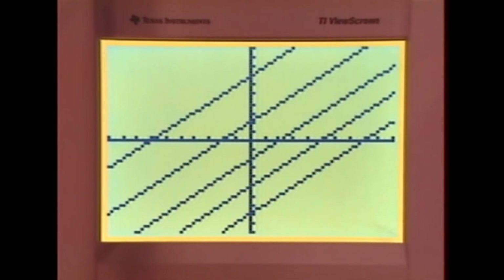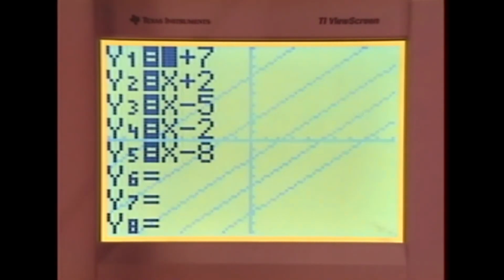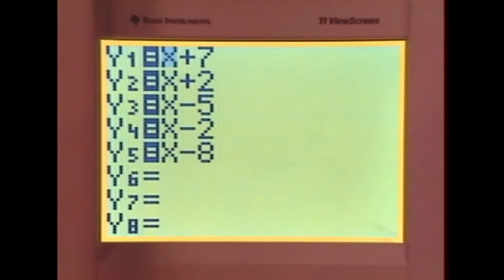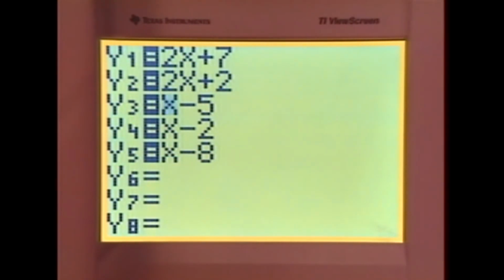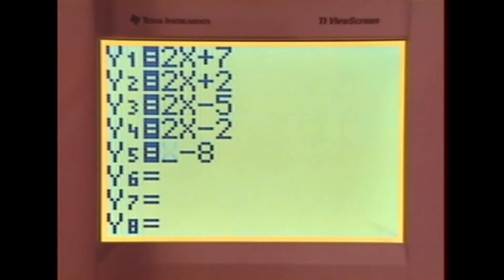Well, let's check that conjecture and go back and do something called insert. If we insert a new slope instead of 1, let's insert 2. In the next one, we would insert 2 again, and the next, and the next, and the last one, we would insert 2.